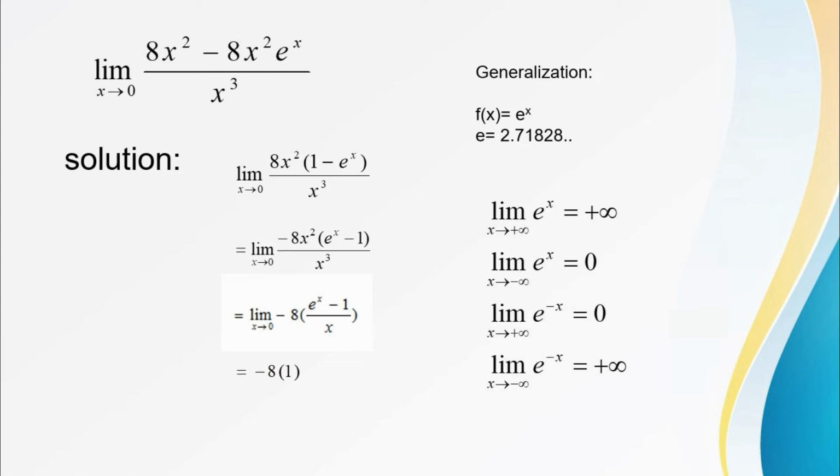For the last step, we simplify through multiplication. Negative 8 times 1 will give us negative 8. Therefore, the limit of 8x squared minus 8x squared times e to the power of x all over x cubed as x approaches 0 is equal to negative 8.